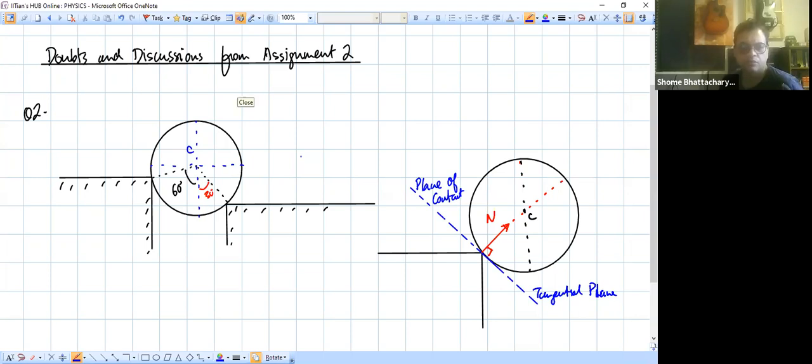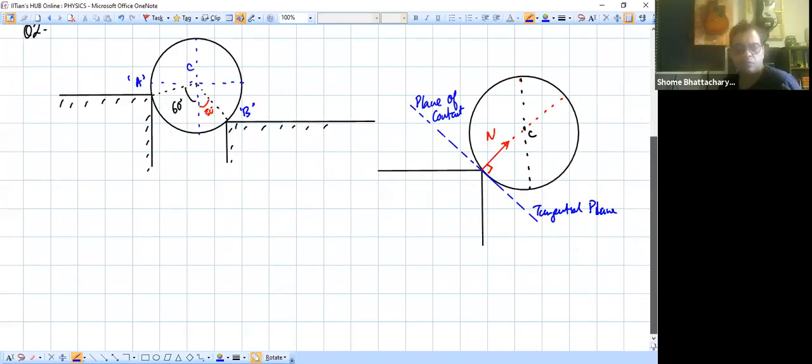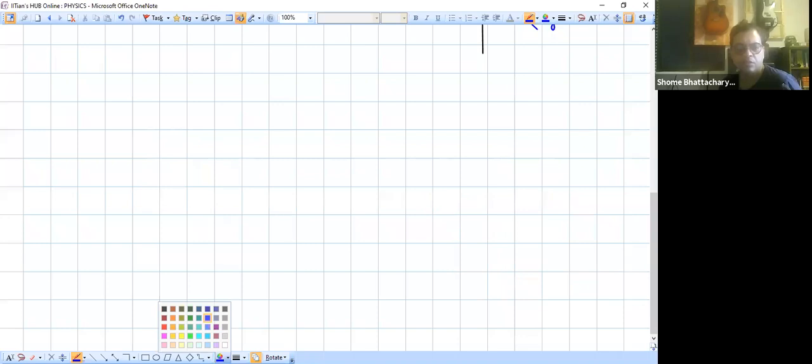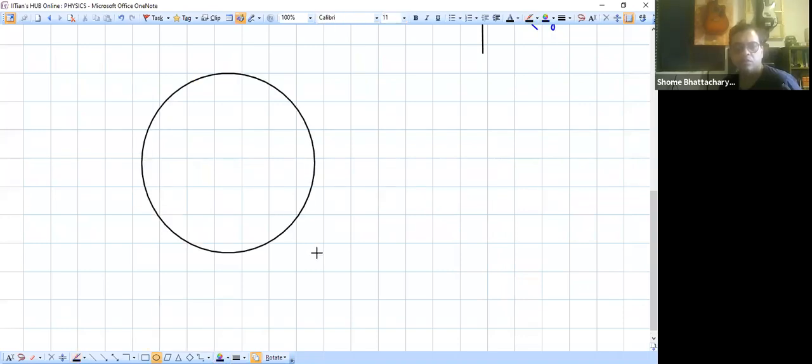Okay, Shikhar, I'll come back to question 1 also. Okay, so let me complete this. So here, if this point of contact is A and this point of contact is B over here, we can see that there will be two normal reactions at A and B. So what will happen is, if we make a detailed diagram of the whole body, the point A is, let us say, over here.